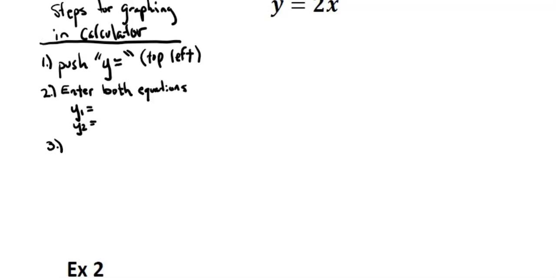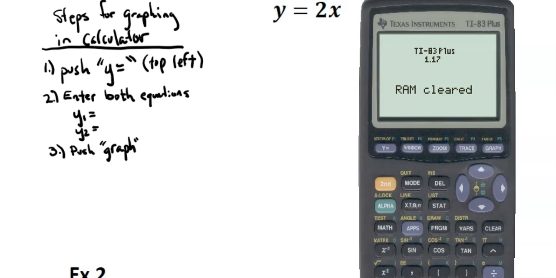Step 3 is push graph, and you'll see that in the top right, the graph button. The Y equals button in the top left is right below the screen, and so it's the blue buttons at the bottom, right below the screen.